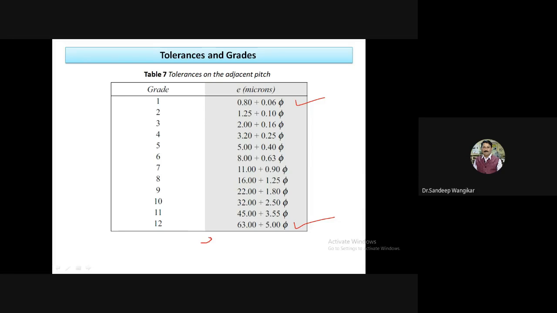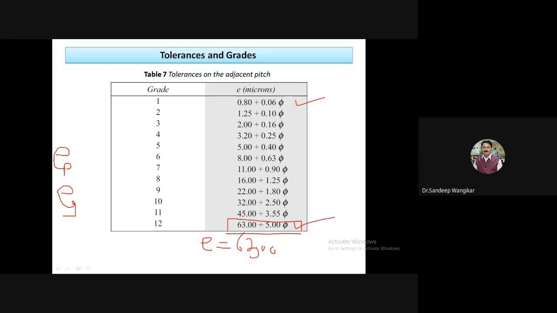If I take grade 12, then the error formula is 63.00 plus 5.00 into phi, so you have calculated phi. I will calculate this formula for EP, because phi is different for pinion and gear, and I will calculate EG.